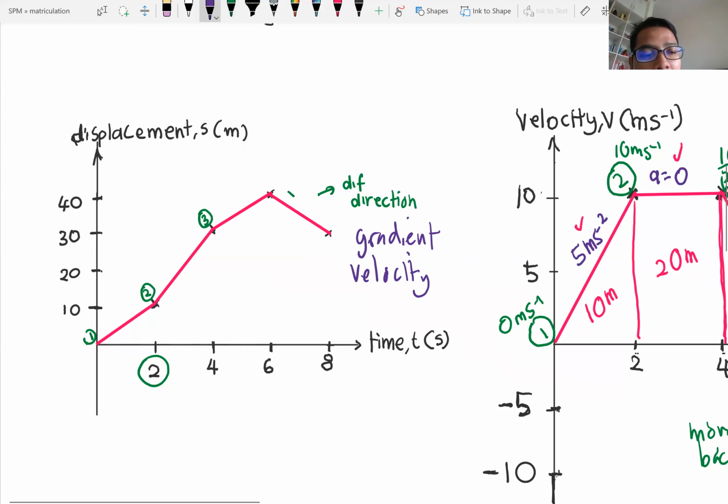The gradient here, 10 divided by 2, is 5 meter per second. Then 20 divided by 2 is 10 meter per second here. And then 10 divided by 2 is 5 meter per second.